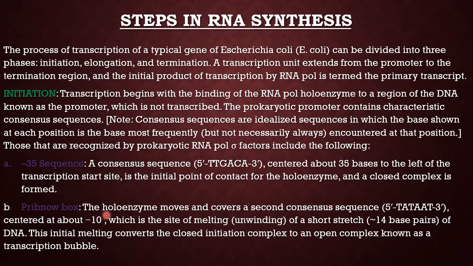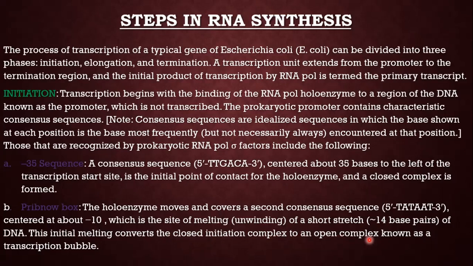And once it reaches there, the beta prime subunit will catalyze the unwinding of a short stretch of DNA consisting of about 14 base pairs. This initial melting will convert the closed initiation complex to an open complex.